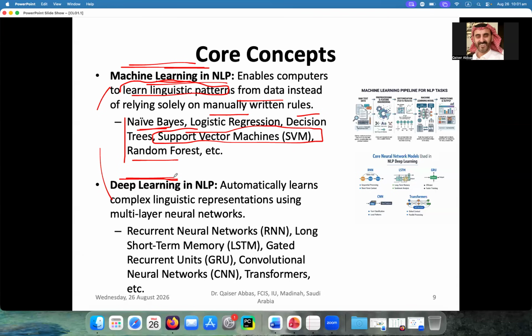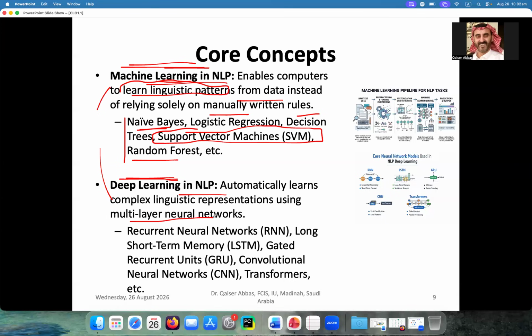So these deep learning models will again automatically learn complex linguistic patterns or representations by using multi-layer neural networks. Here we have not said hidden layer, but actually we are talking about hidden layers. Input and output are one layer of any program.